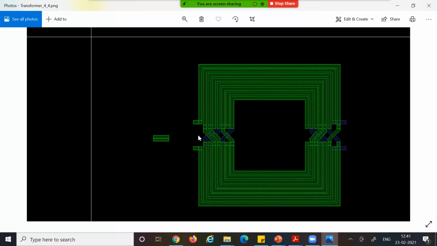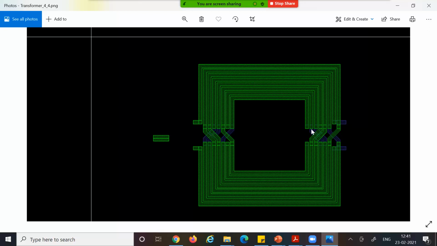This is, let's say, the primary side. This is your secondary side. The primary is the outermost thing, right? And then here it crosses over to n-3. Whereas the secondary side is coming in at the second one. Here it is coming to the second one, and then it will cross over to the fourth one.